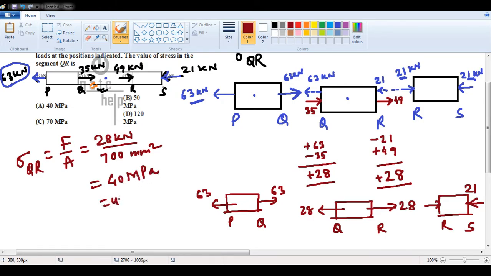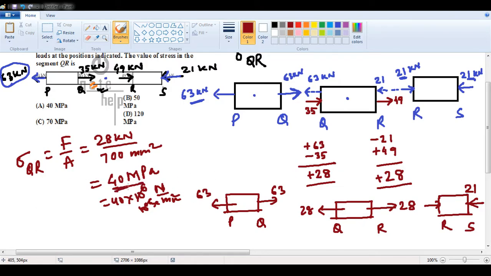Mega is what? 10 to the power 6 Newton per meter square. So meter square, when you convert to mm square, it will be 10 to the power 6 mm square. So this gets cancelled. So finally you will come across 40. So the answer is 40 megapascal.